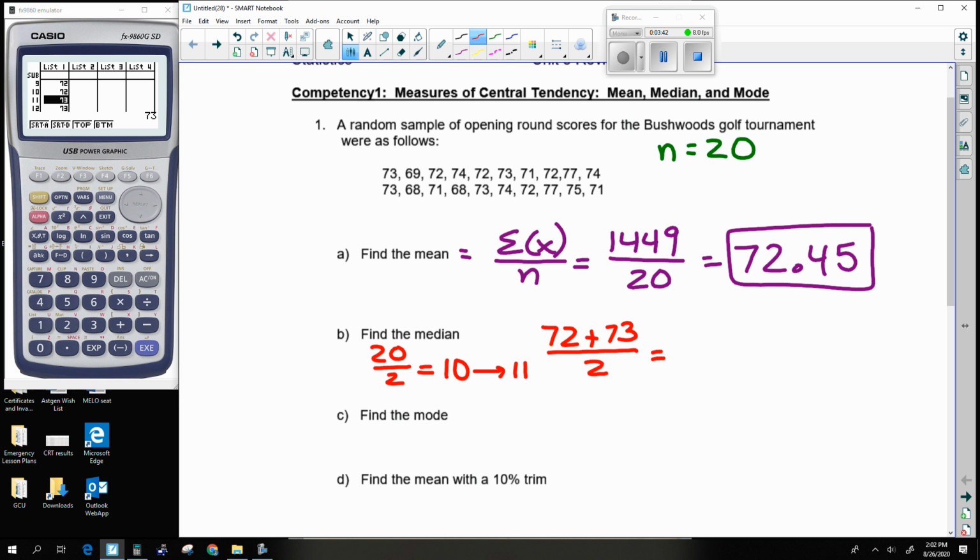So the middle of those two would be 72.5. There's 72 and 73. Add them up and divide by 2. And that's 72.5.